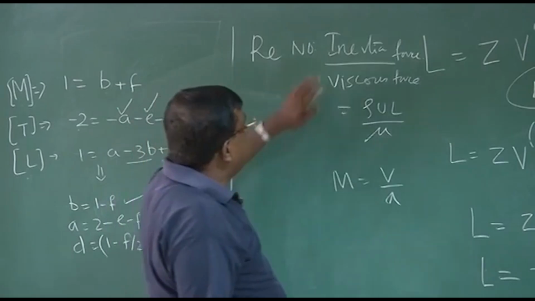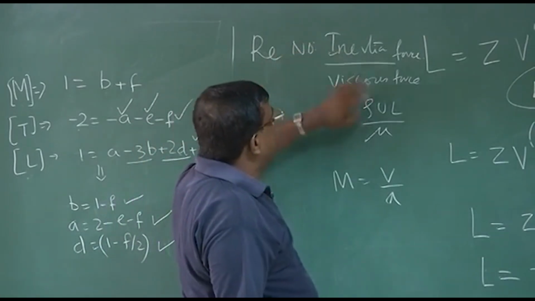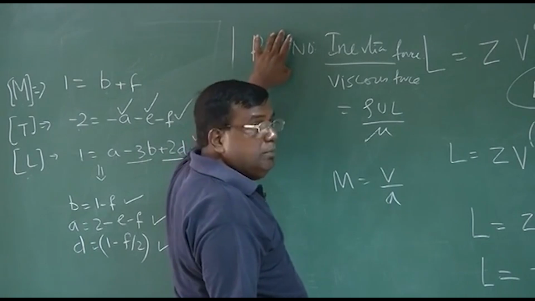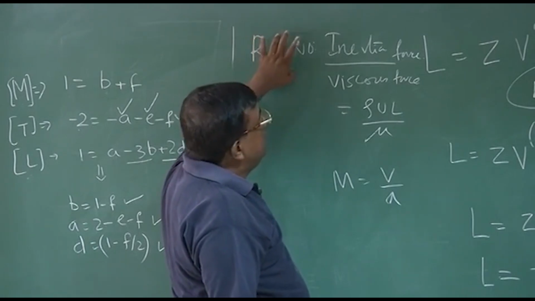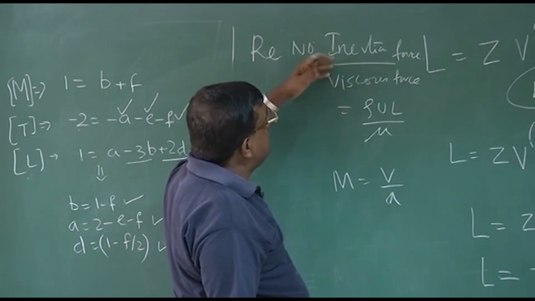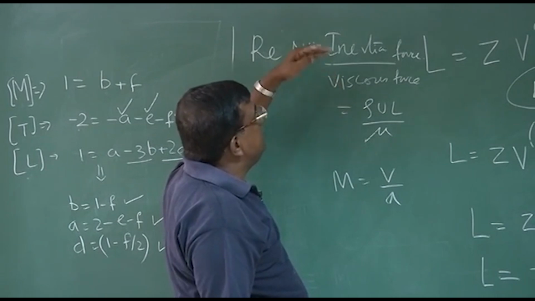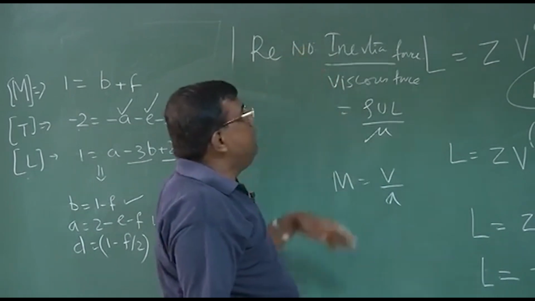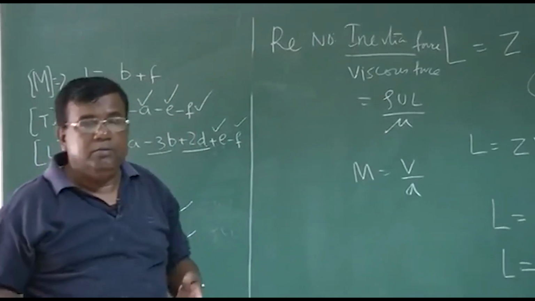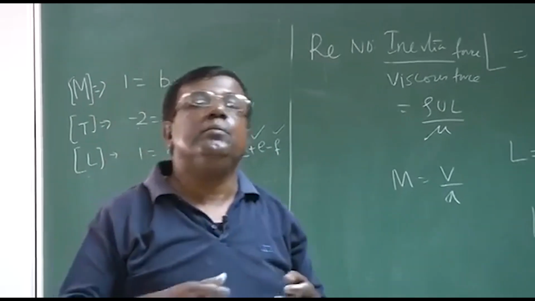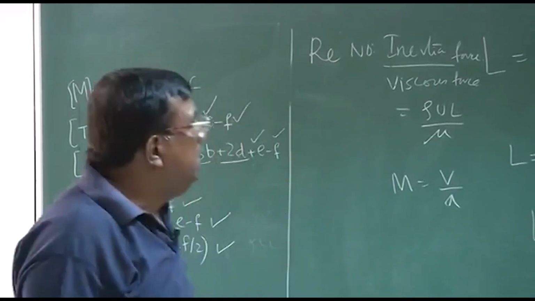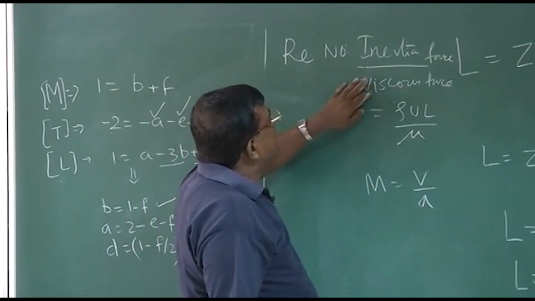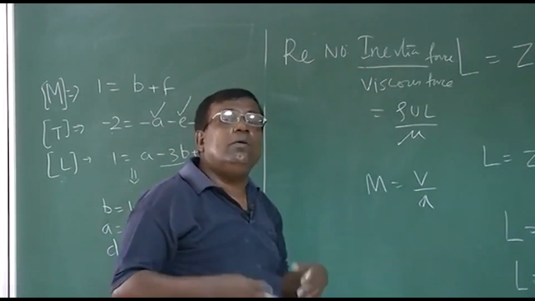Okay. Physically, if you want to understand Reynolds number, you can see from here, if the flow has a high Reynolds number, then in a relative sense, the viscous force is less compared to inertia force. That means when I'm analyzing the flow, the viscous effects will be minimal. If the Reynolds number is low, then it is very clear that the viscous force effect will be more dominating.